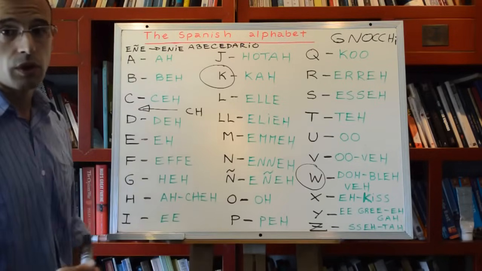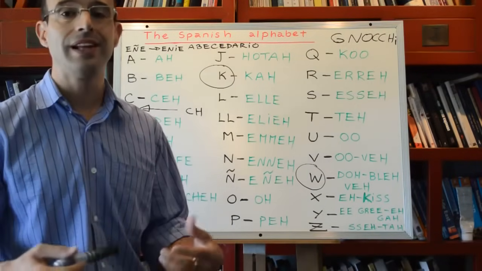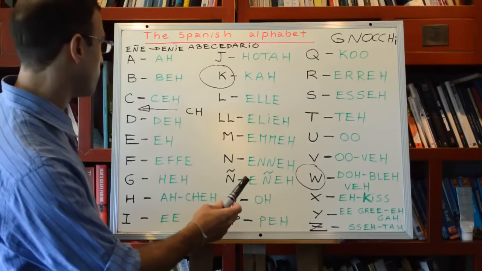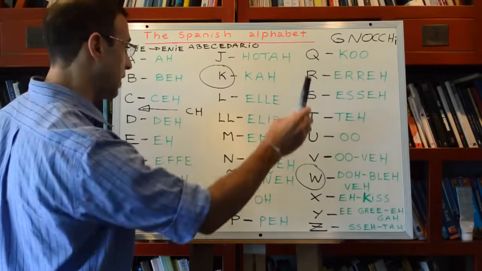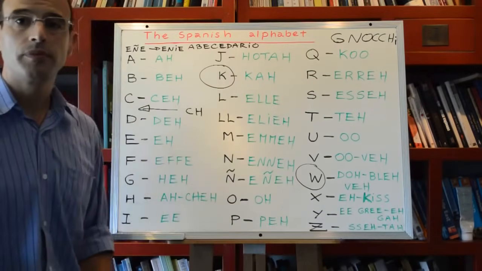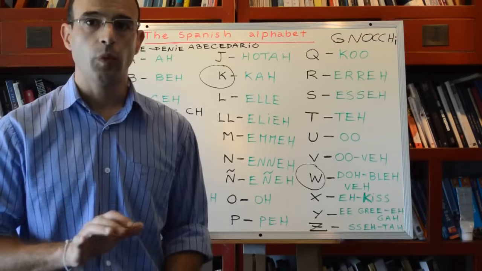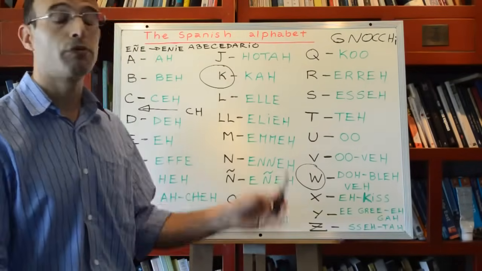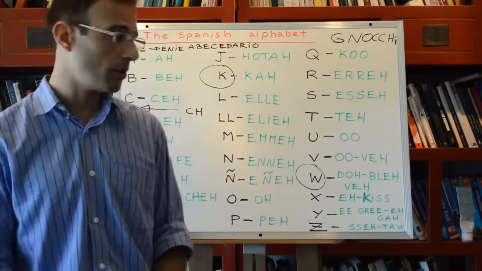We could Castilianize it using Q and U replacing K. However, there is this will to show that it's a word that comes from a different language, okay?